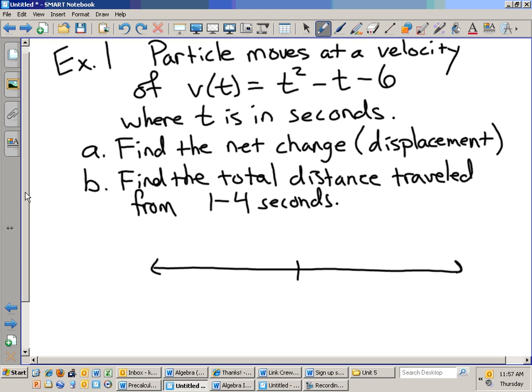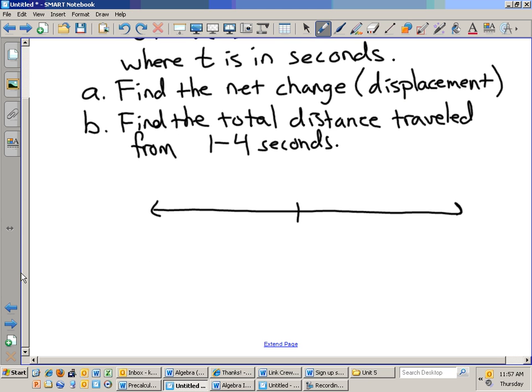Now, let me just show you the example, because this should relate to our previous knowledge. If we start here and head in a negative direction, then a positive, and then negative again, let's make it really easy this time. Let's say my initial position is 0 and my end position is -4.